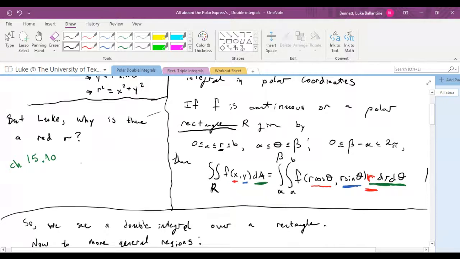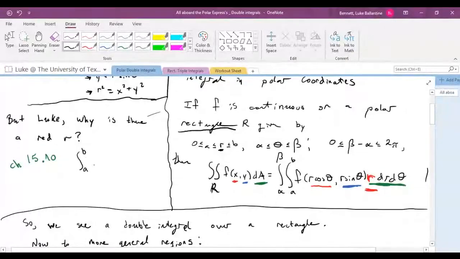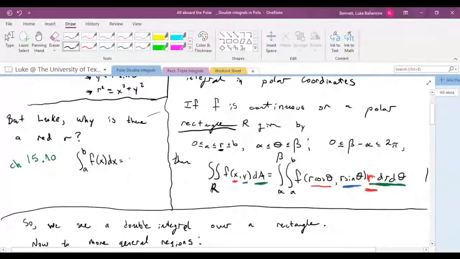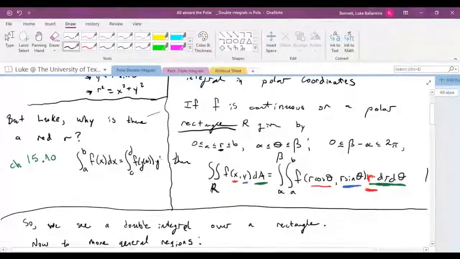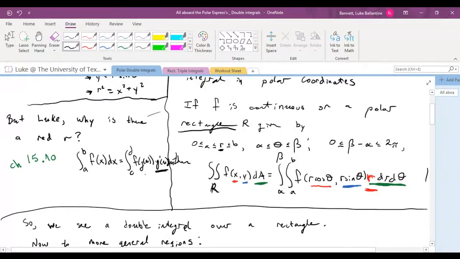Basically, you have a single integral from a to b of f of x dx. With the proper substitution, it becomes the integral from c to d of f of g of u times g prime of u du. It's like this g prime of u is what that r is in essence.